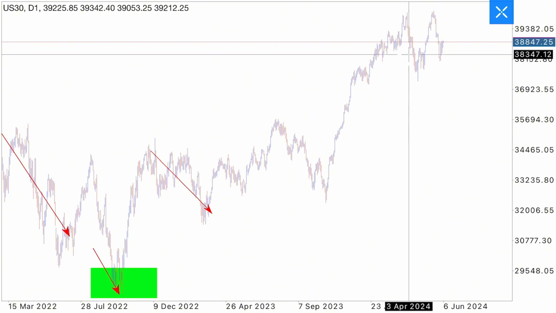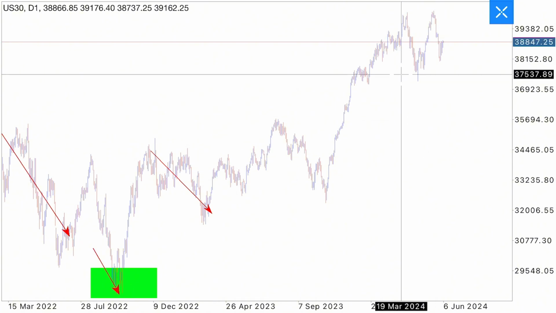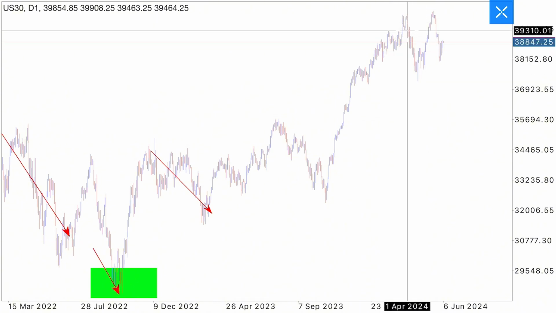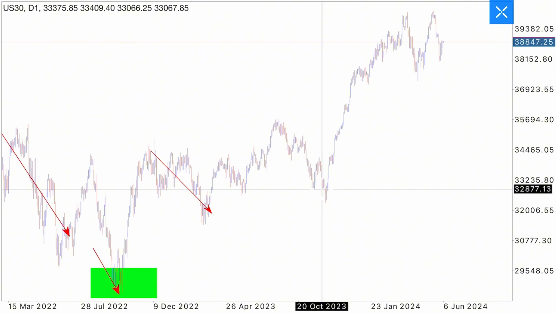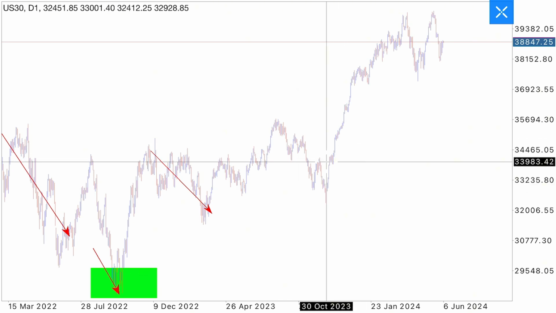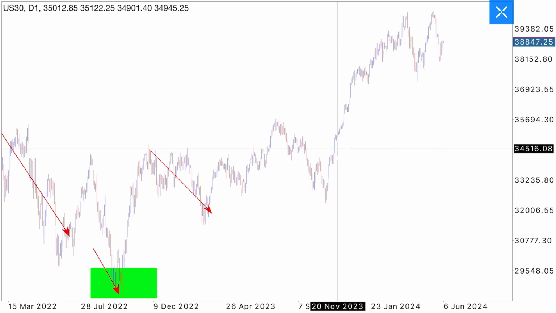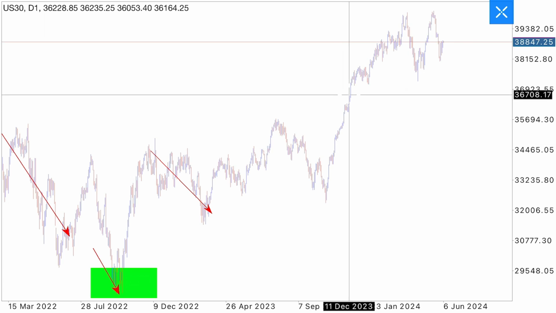Most people won't see this as a consolidation, but the reason I'm seeing it as a consolidation is that in our previous upload, I explained that each time we have an impulse move, whether to the upside or the downside, we will eventually experience a consolidation, because the market would have been exhausted from giving us those huge impulse moves. Therefore, at this point we had a huge impulse move to the upside, and now we are having a consolidation.